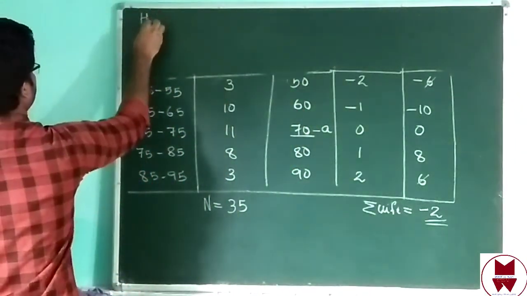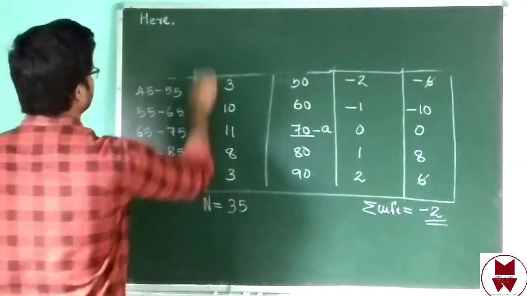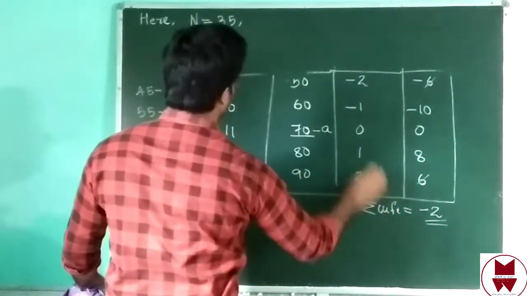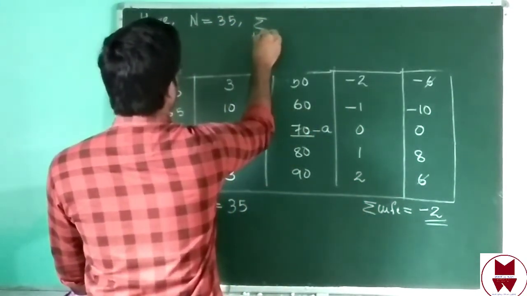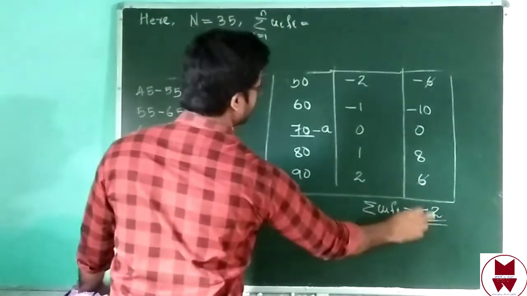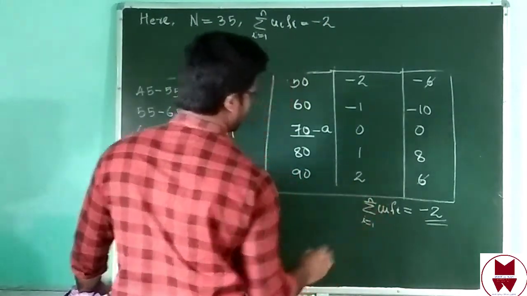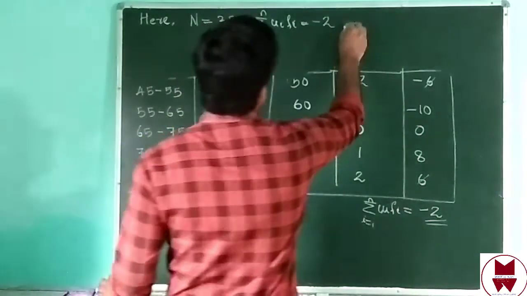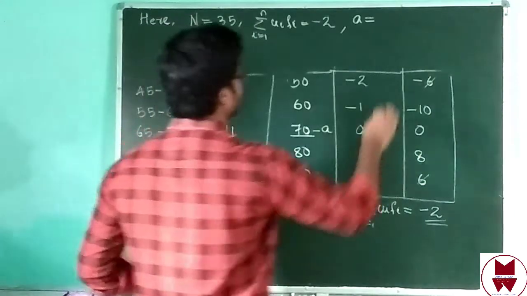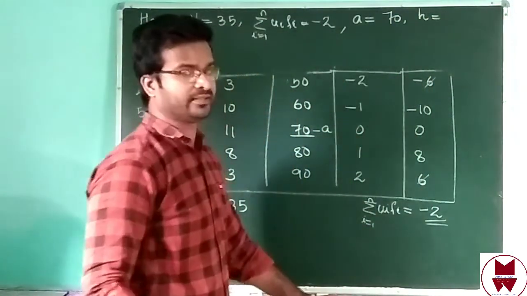Now we can write the things we needed for solving this question. First n. N equal to 35. Then the sum from i equal to 1 to n of ui fi equal to minus 2. Here also you have to write i equal to 1 to n. Then a equal to what we took, the assumed mean, that is 70. Then one more term we need, that is h, the class width.